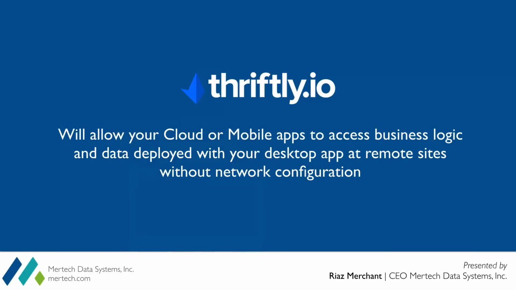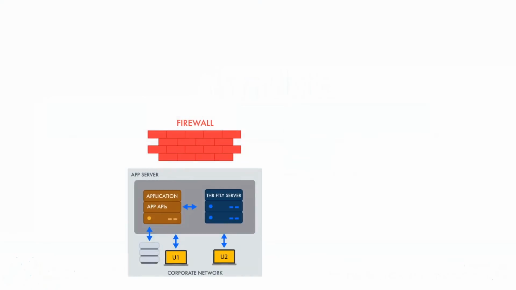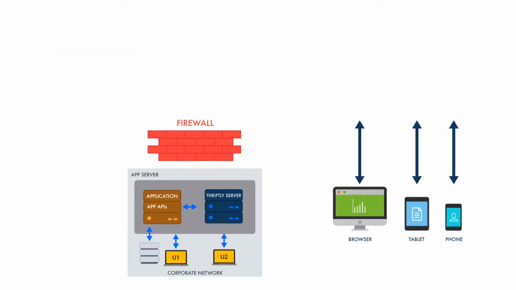And I'm going to give you a view of how we see things falling out. In a traditional desktop scenario, you will have a corporate network where you have an application server that's running your APIs, your application, and you have a need where the customers are asking, hey, how can I provide my customers or my users access to this data from mobile, tablet, and browser.